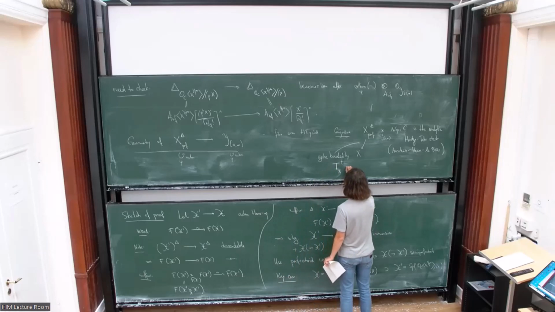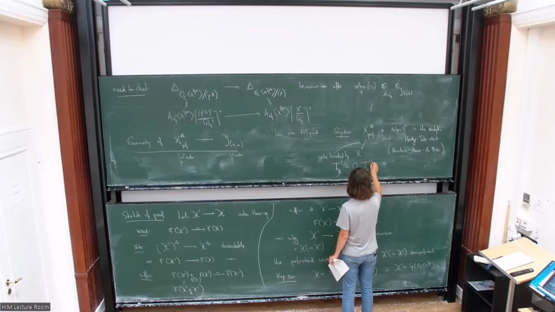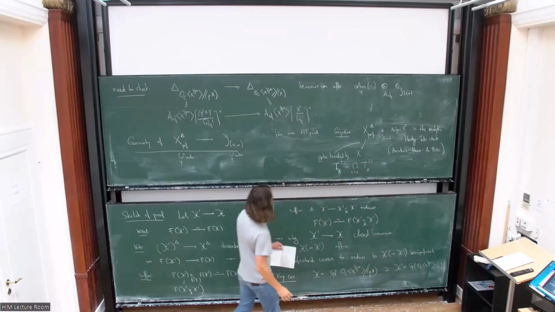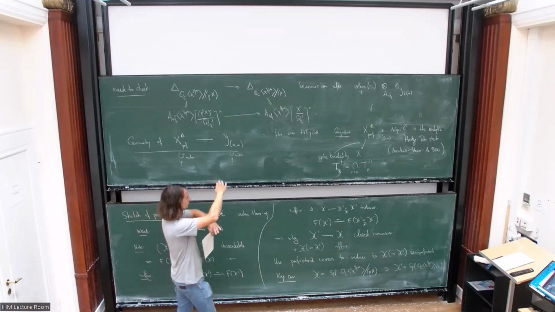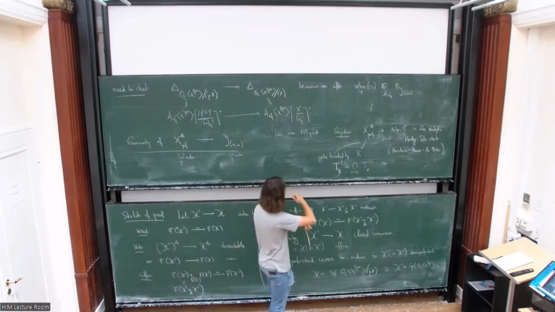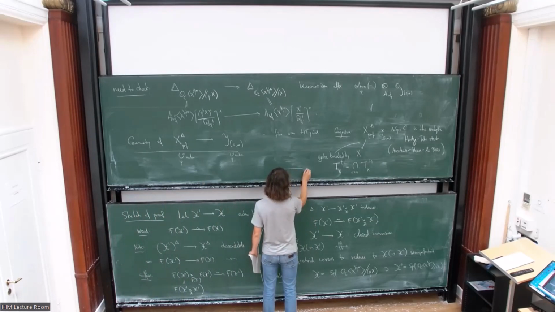It's like the colimit over all r bigger than 0 of, inside the tangent bundle, you can fix some norm, and if you fix a norm, then you have all the balls of varying radius, and then you have the 0 section inside your tangent bundle.